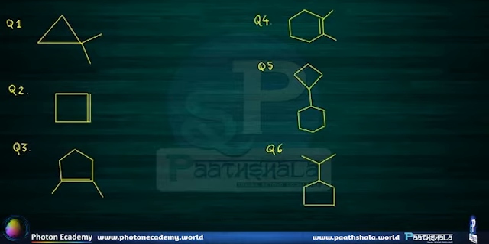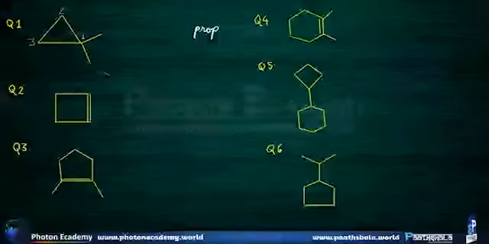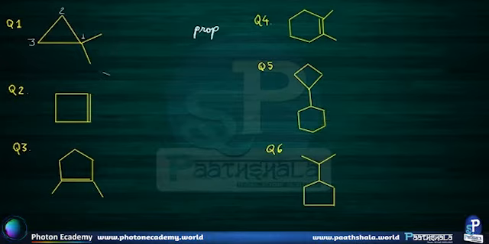Numbering will be done in this way: 1, 2 and 3. There are 3 carbon atoms present in this chain, so the word root will be prop. And as there are no double and triple bonds, the primary suffix will be ane.